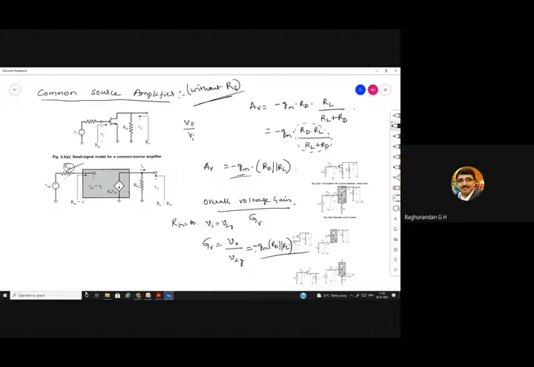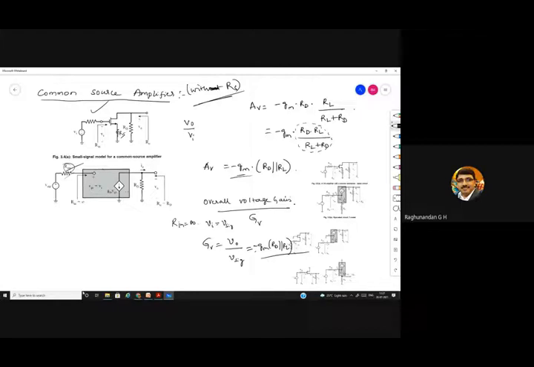But if they ask you to explain the common source amplifier without source resistance, then you should go with this circuit. If they ask you with source resistance, then you need to consider a resistor here. When you consider a resistor here, the overall equivalent circuit will change again in this case.